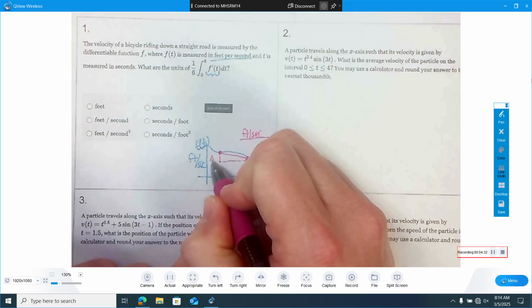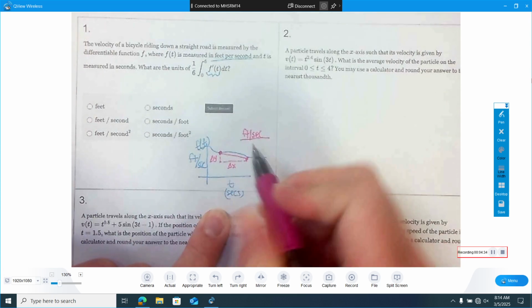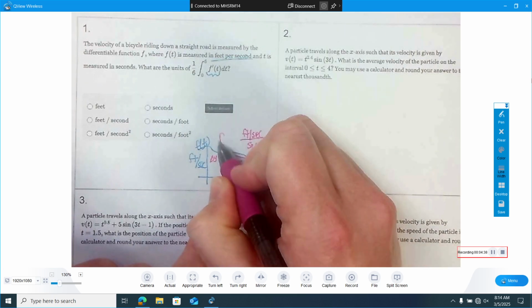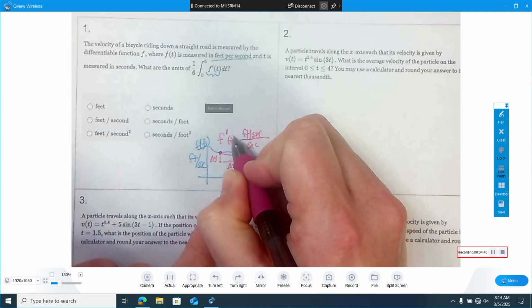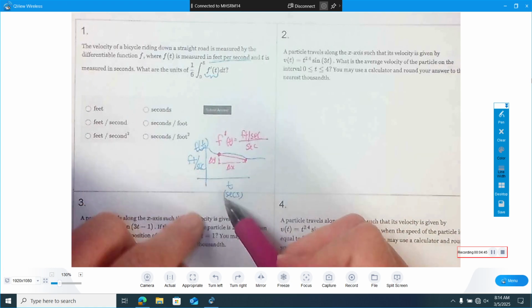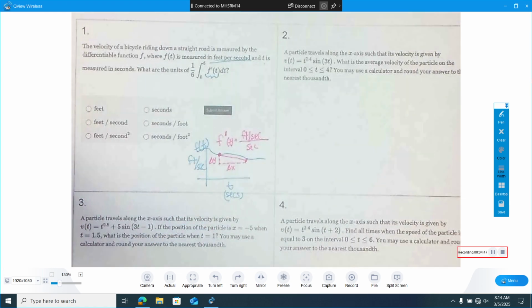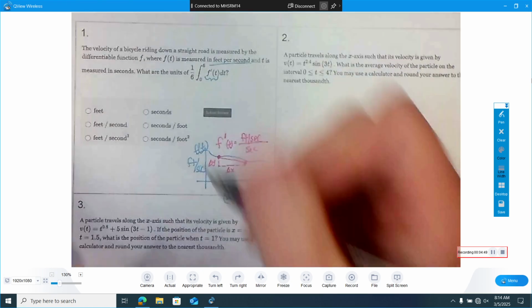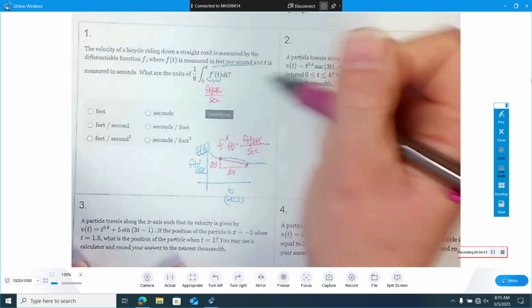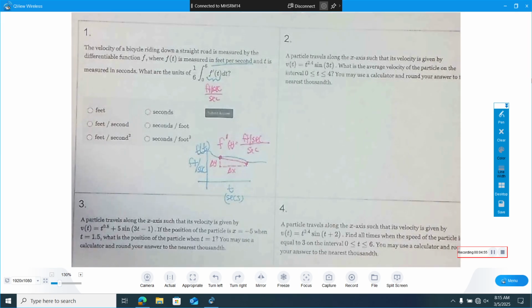The x-axis represents seconds. So the f prime function would have units of feet per second in the y direction over seconds. So feet per second per second. And that's really important to understand. So that is the units of that derivative function.